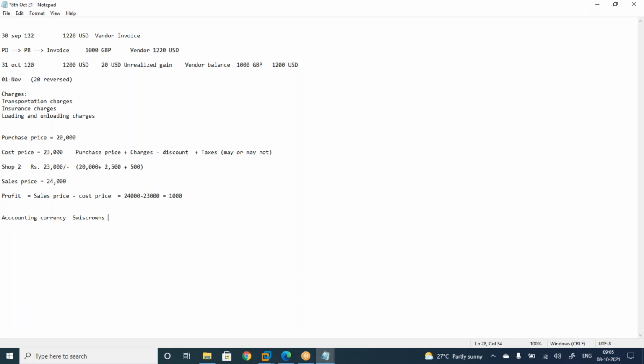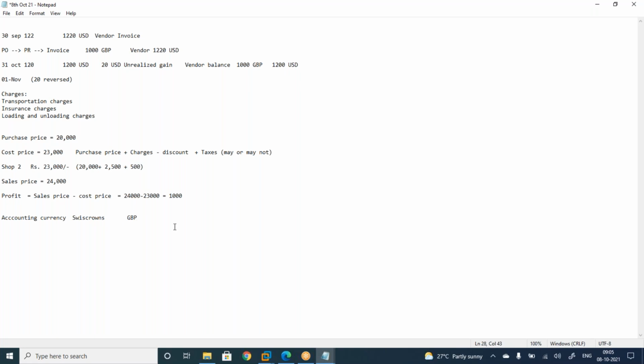Okay, and if you are posting some transactions in euros, usually the exchange rate will be a fixed one. Suppose you are posting in GBP, then there is a difference in exchange rate, am I right, between these two?